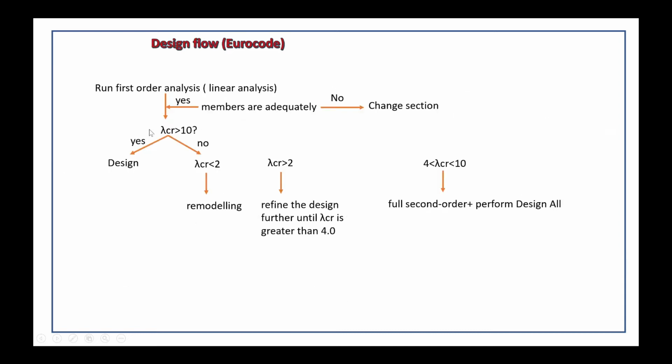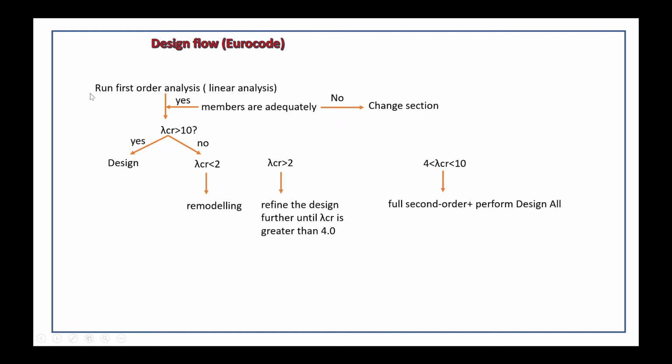Now I summarize it for you. The design flow, EUROCODE, run analysis. The first one, we run the first order analysis, linear analysis, and check the member size. If the section size is adequate, you can continue to analyze and design. If your section is not adequate, you can change the section.